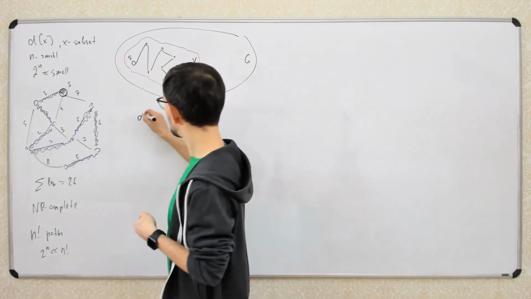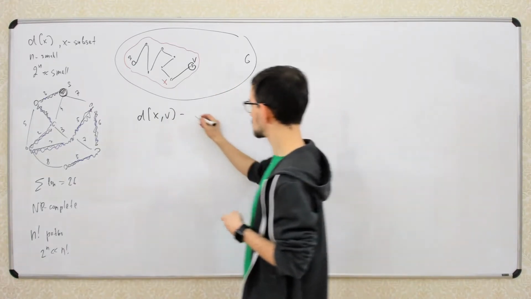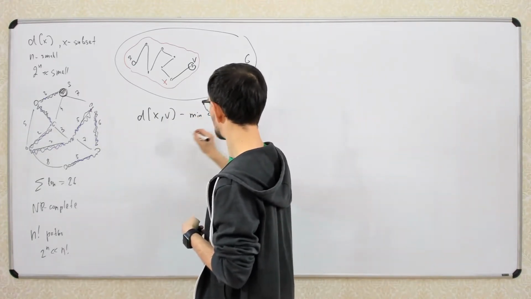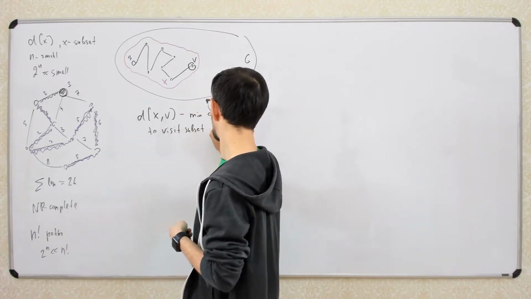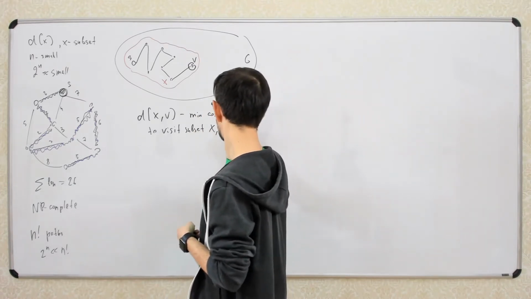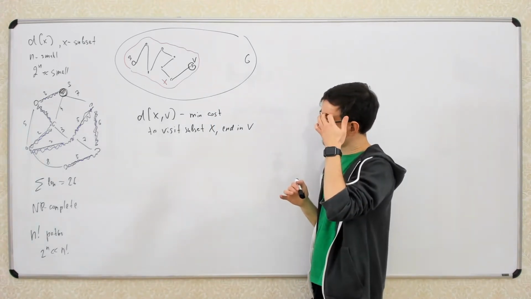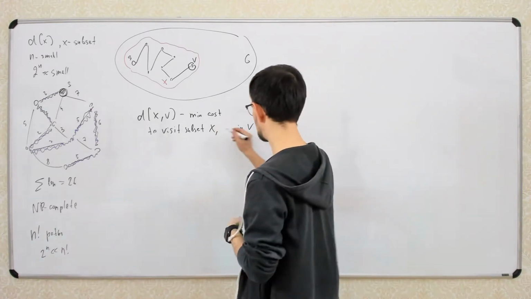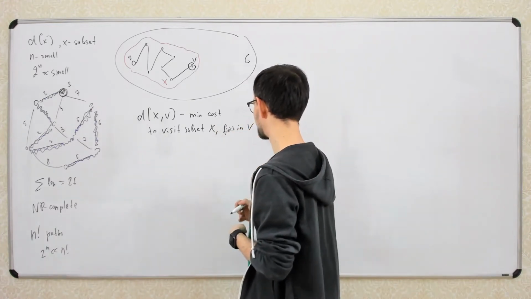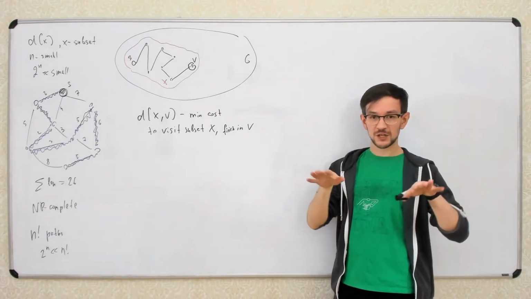So we'll say we have D of X and V, which will be the minimal cost to visit subset X and end in vertex V. That will be a definition. And this is the current state of the dynamic programming.